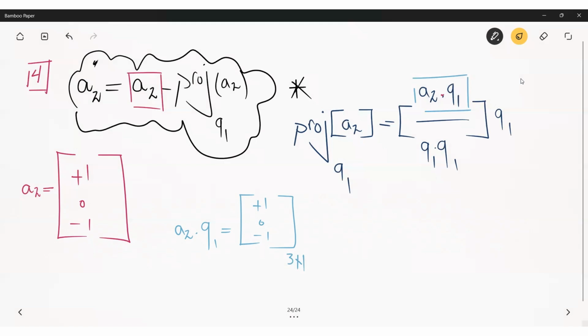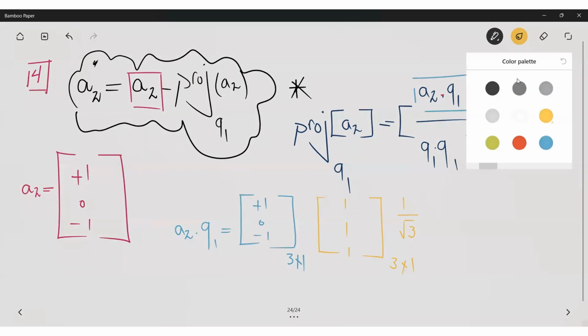I'm going to write the Q1. What is the Q1 we got? It was 1 over the square root of 3 times the matrix 1, 1, 1, which is also a 3 by 1 matrix. And now, before we go for the break, you ask yourself, there's a problem. I cannot multiply these two matrices because they are not compatible. Why?